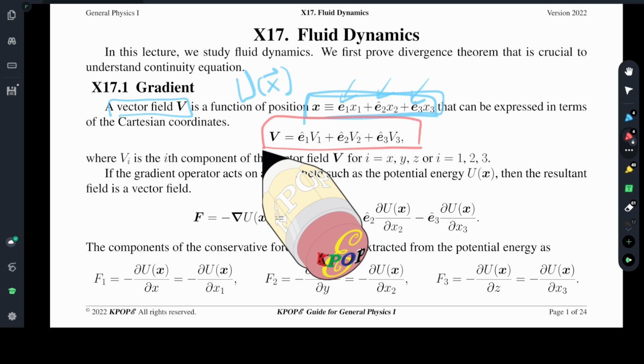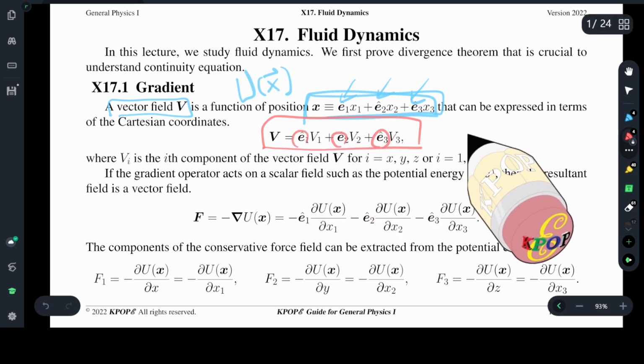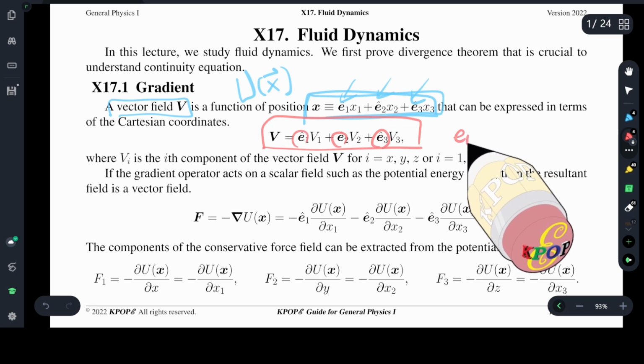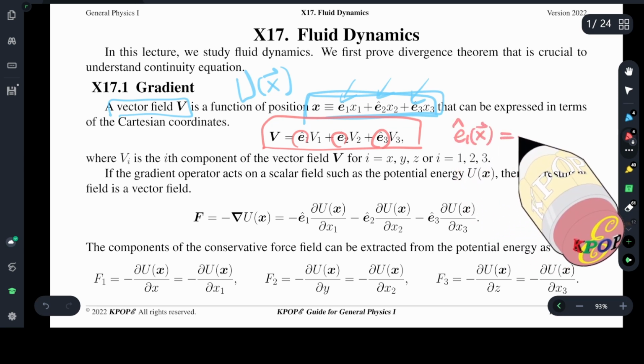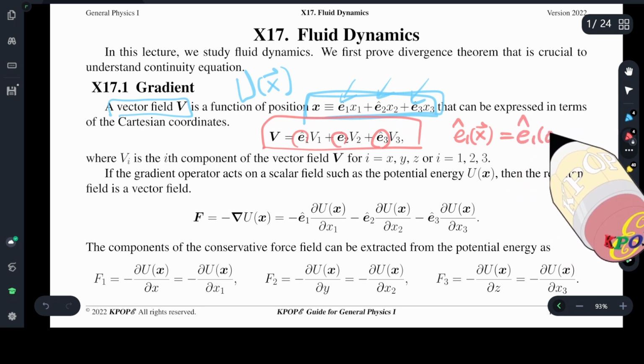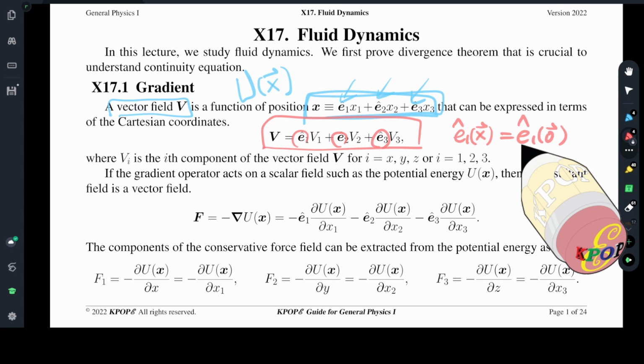The reason is that the basis vector of the Cartesian coordinates is constant everywhere. For example, e1 at point x is the same as e1 at the origin, and everything else will be the same.